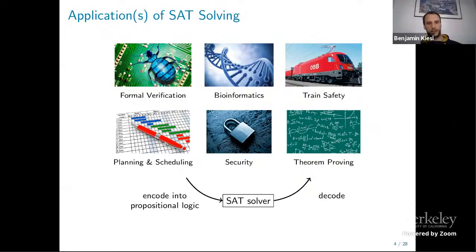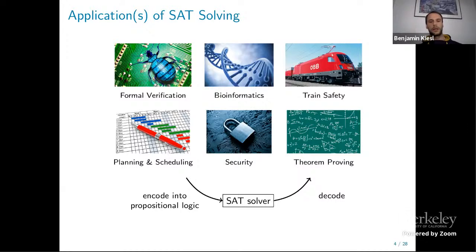What you normally do, and I guess most of you know this, but just to recap, is you have some problem from some problem domain, like formal verification, bioinformatics, security, what have you.